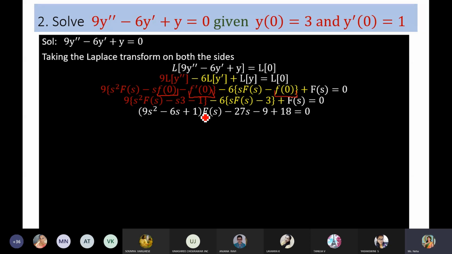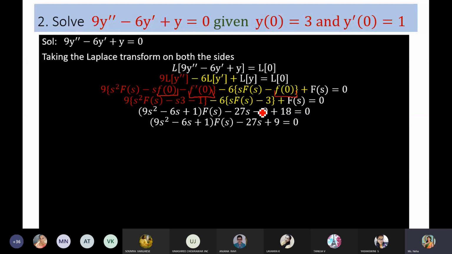Then how many s we have? 9 3s are 27, so 27s. And the constant: −9 plus 18 will give you plus 9.